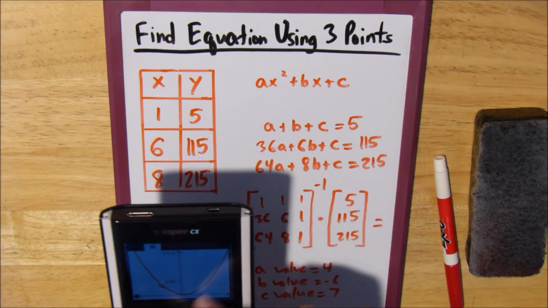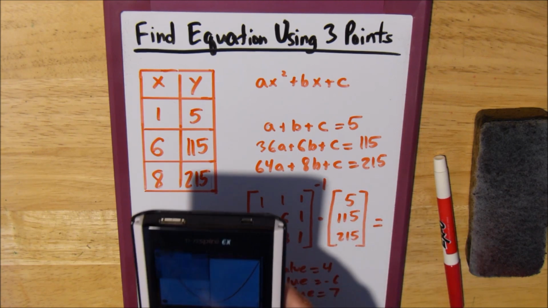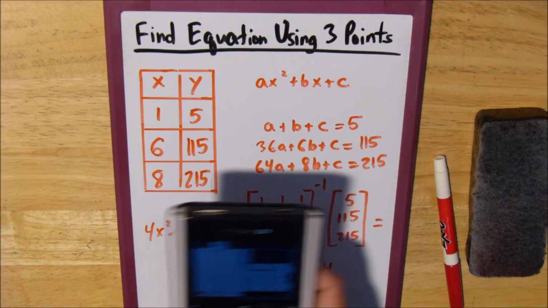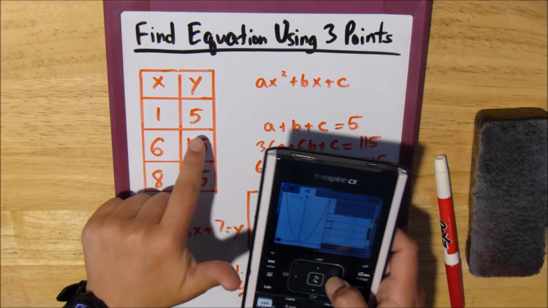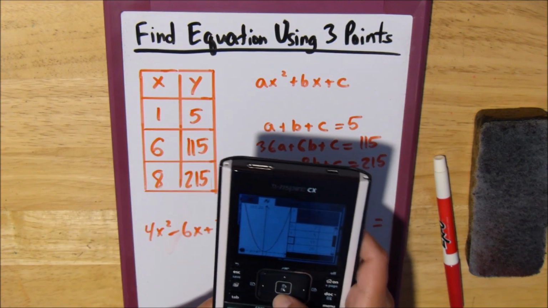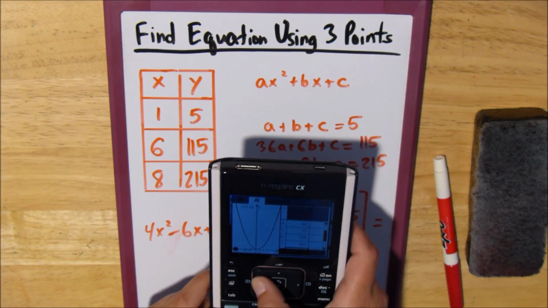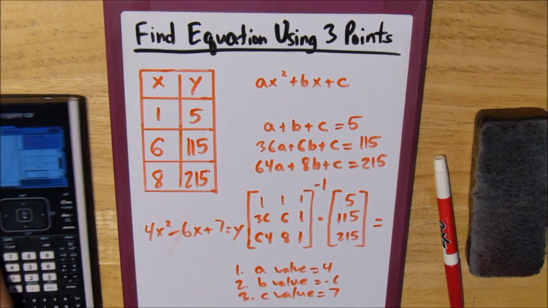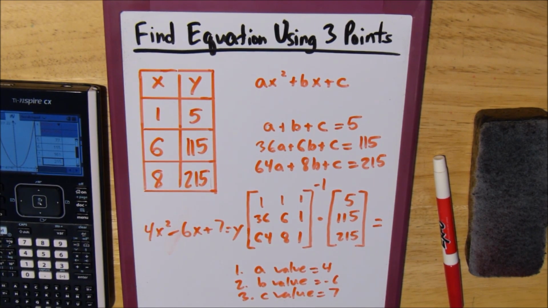So now you can see the graph, but the really cool thing about this calculator is that you can see the table. Our first x point was 1, and it corresponds to our y point of 5. Then our second one is 6 and 115. Then we have 8 and 215. Great. So that means we have figured out the equation using matrices.